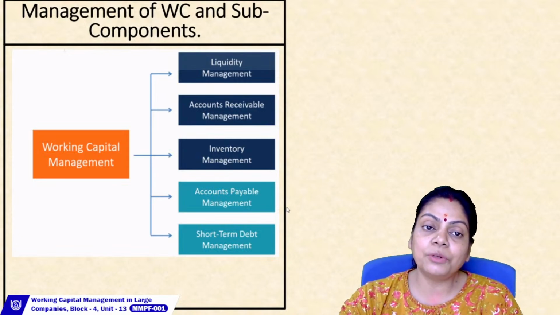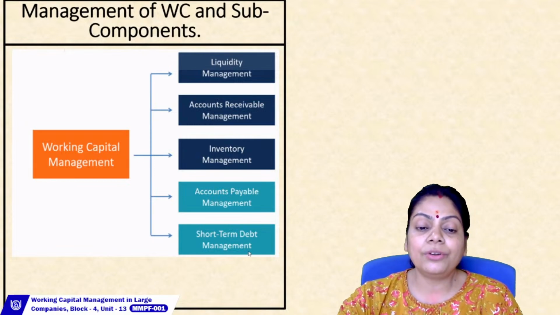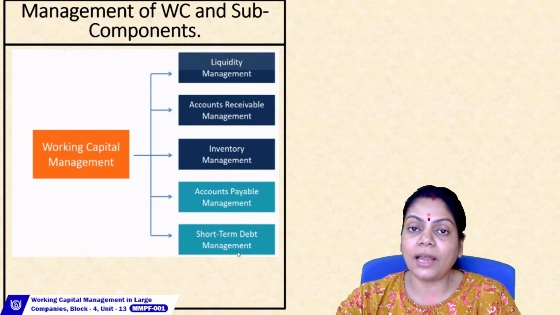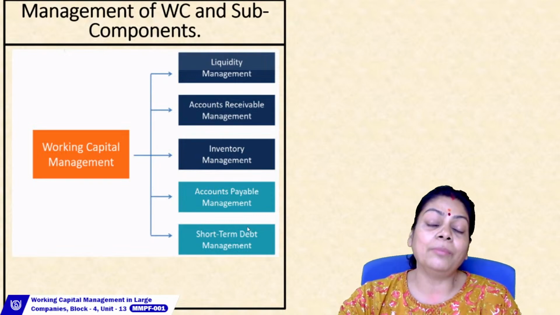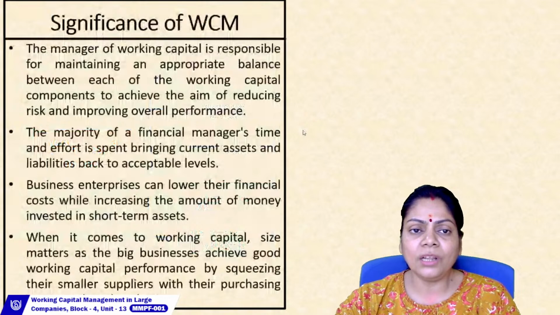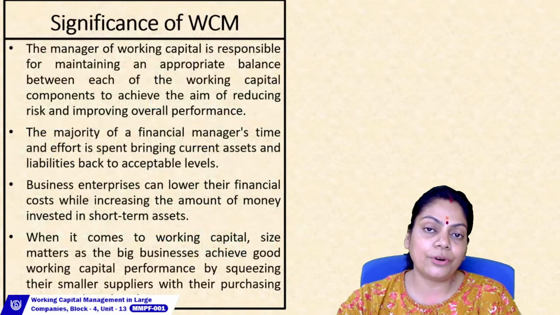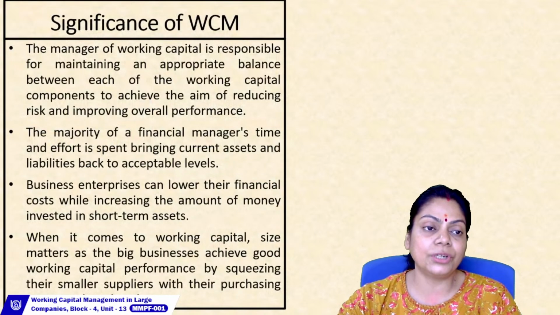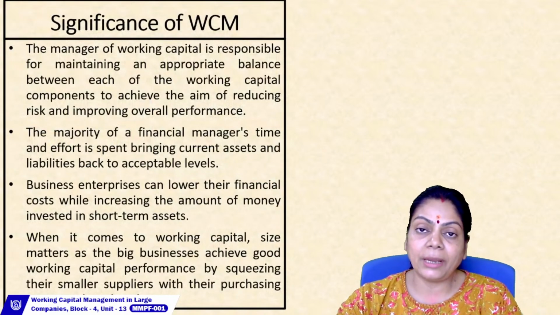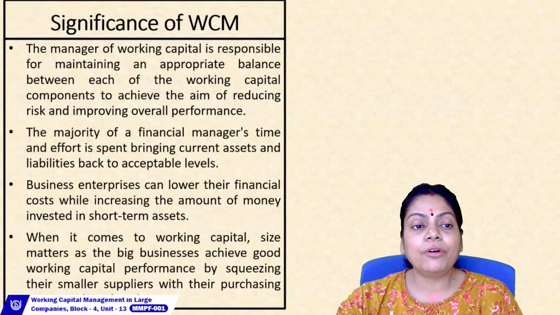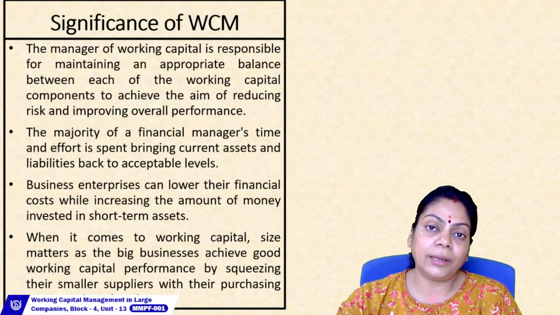In today's class, we'll basically try to focus on the various sources of finance available for a large corporation, among other things. Now you see, why is working capital significant for the corporation? Because the manager of working capital is responsible for maintaining a good balance between all these components.